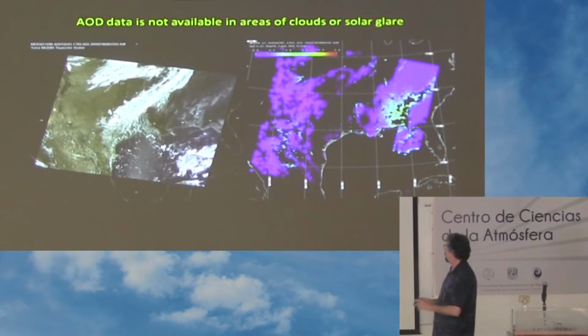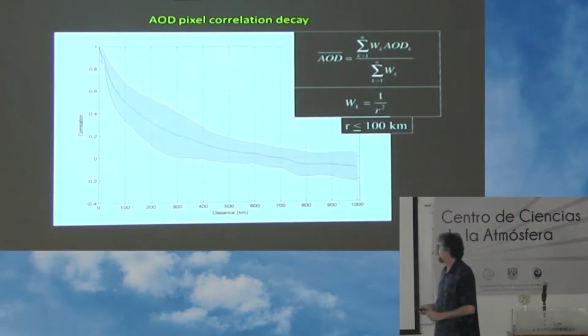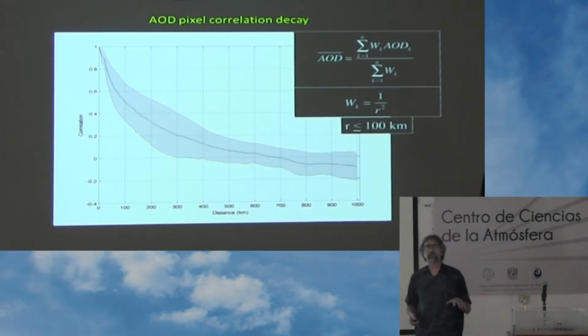Let me just show you another example of this. This is the Gulf of Mexico. Here's an aerosol optical depth field for one particular day. There's no data here because of these clouds. There's no data here because of these clouds. So this is a problem. So what we did is we decided to reproduce the data.